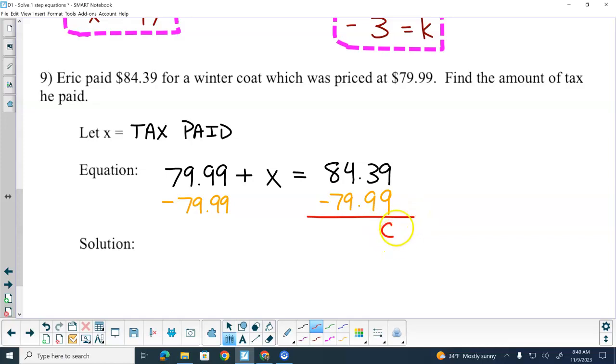That's going to be 0. 3 minus 9. Can't do it, so what do I got to do? I got to borrow from the 4. So I'm going to borrow 1. That makes this 3. What does this become then? 13. 13 minus 9.